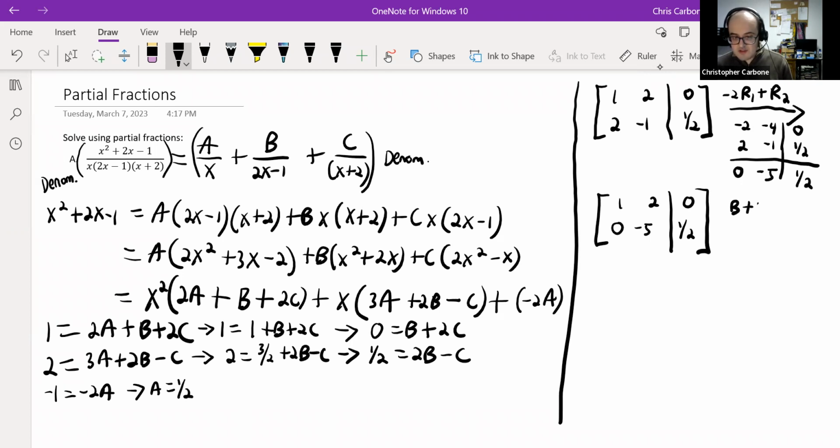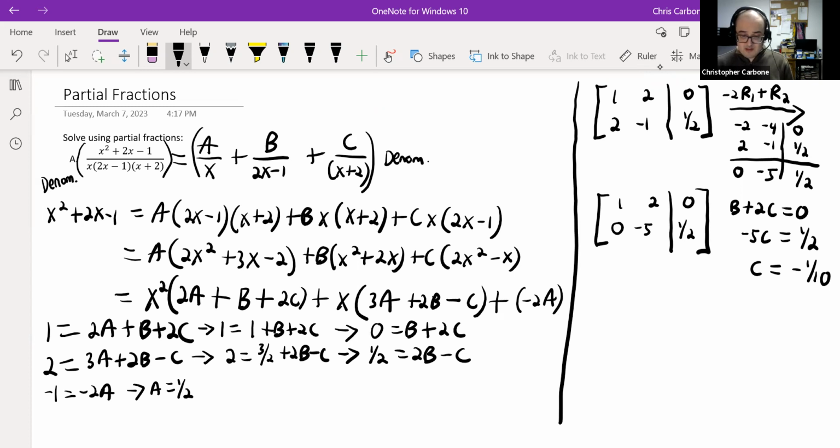So from what we did, this becomes b plus 2c is equal to 0, like before. And now we have -5c is equal to 1/2. We could solve that bottom one by dividing by -5, which means that c would be equal to -1/10. Let me divide and simplify.